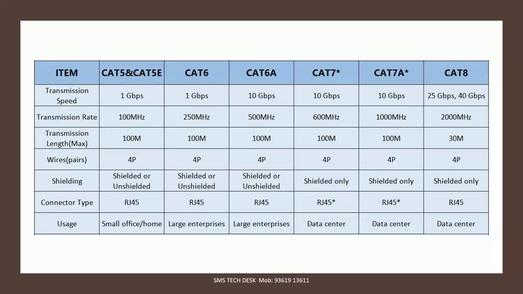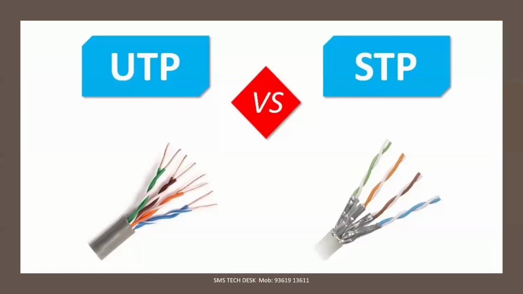Okay, so these Cat cables are provided in two types: one is shielded twisted pair and the other is unshielded twisted pair. The difference is small. In unshielded twisted pair, you can see that the cables are twisted, but there is no shield in it.